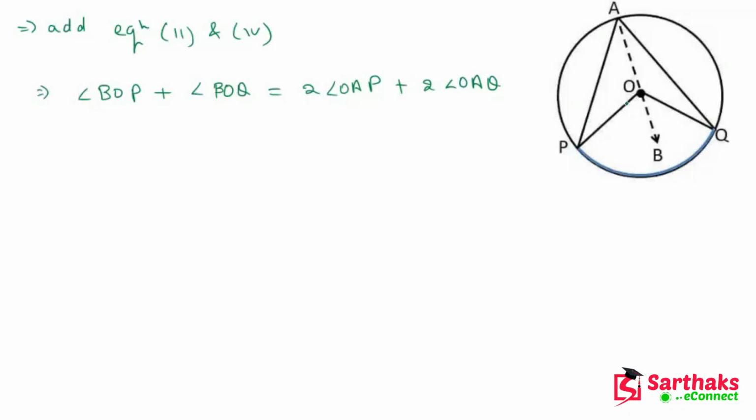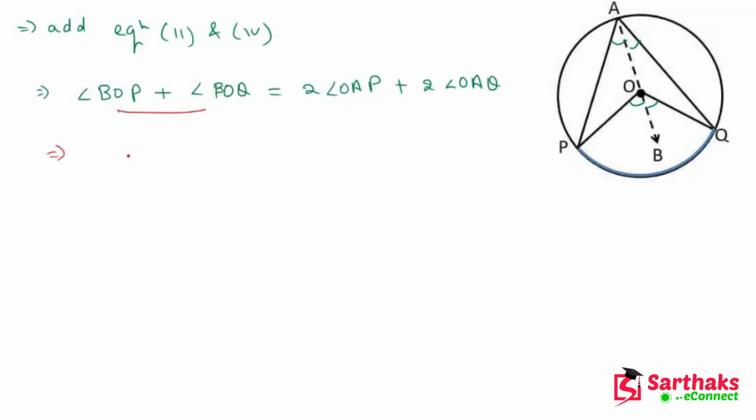Meaning if we add angle BOP, this angle, plus angle BOQ, this angle, it is equal to twice of angle OAP, this angle, plus twice of angle OAQ, this angle. If we add these two angles, we get angle POQ.